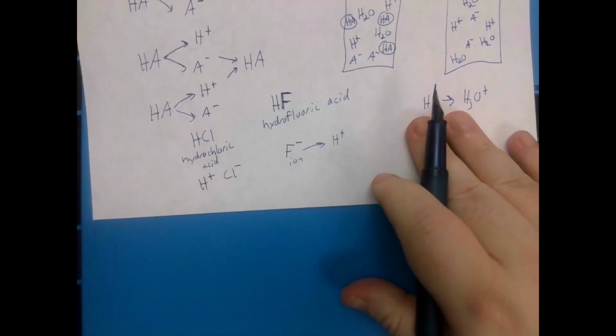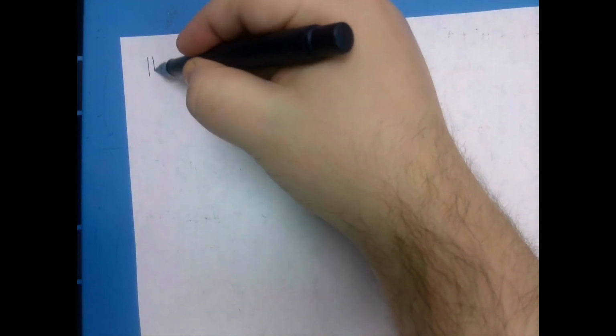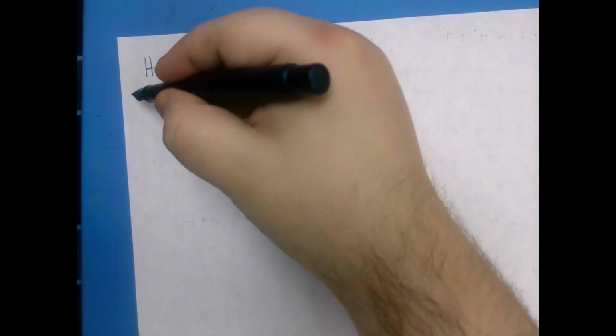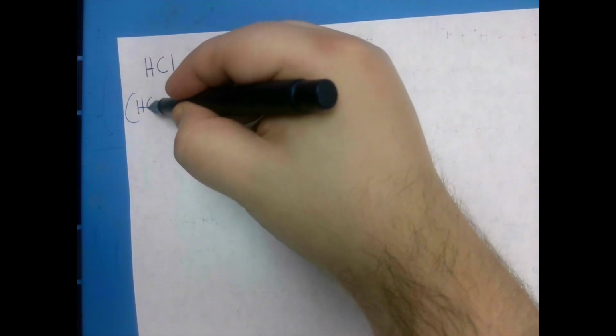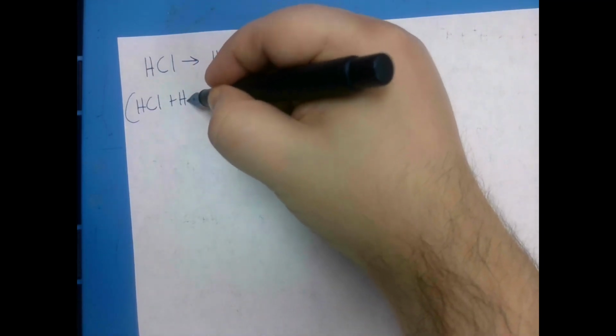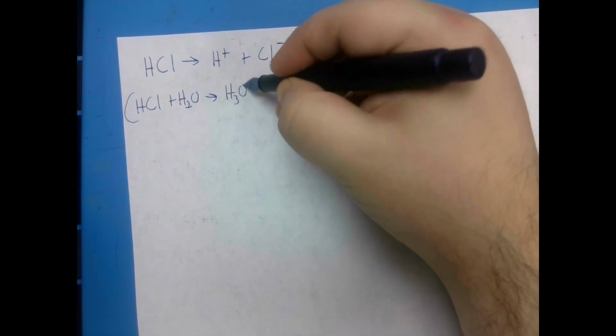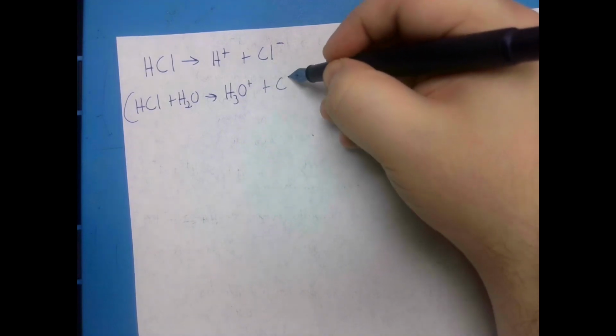So to write the equation, HCl will turn into H plus and Cl negative. Or to do the more proper one, HCl with water will dissociate into H3O plus and Cl negative.